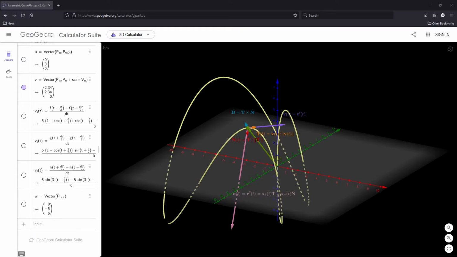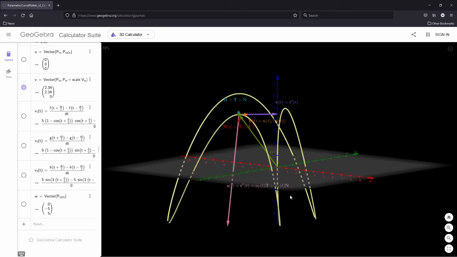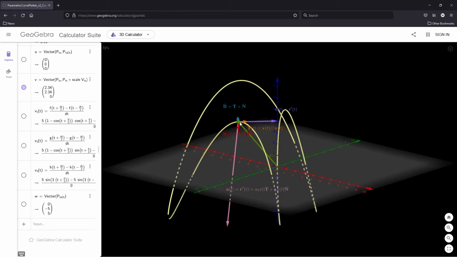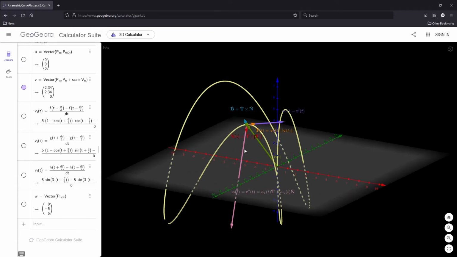But to finalize the picture in your mind of this motion, this TNB frame, this is the velocity vector in purple, the unit tangent vector in orange, the normal vector in red, and the binormal vector lastly now in blue.